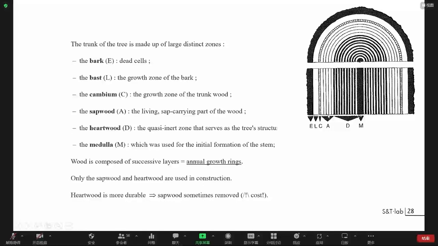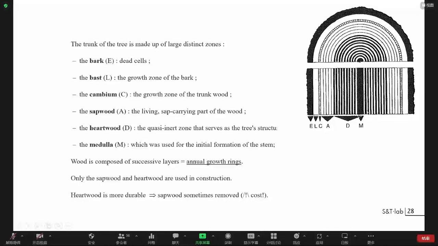We still have some nutritive flow in it. And after these two zones, the cambium and the bast, where the tree is growing, you will be able to see the bark, made of dead cells, coming from the protection of the timber.